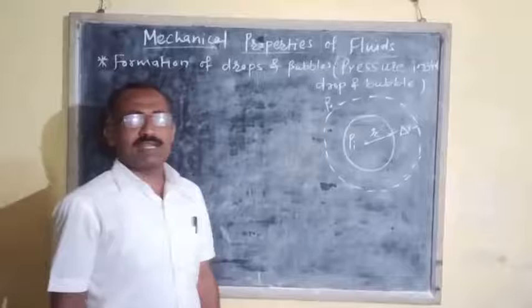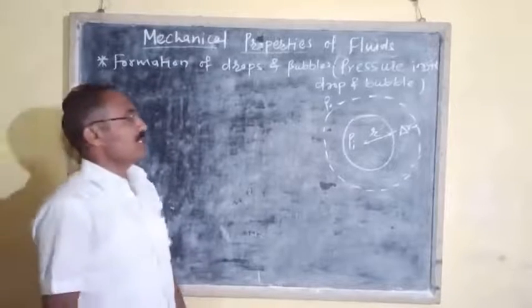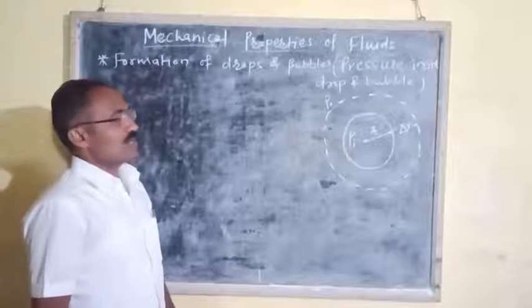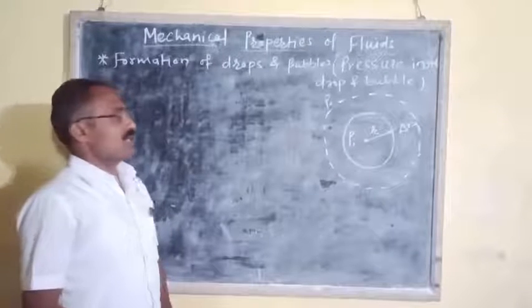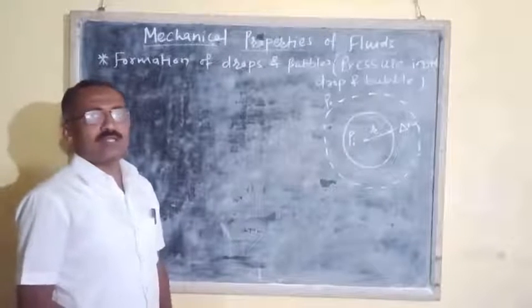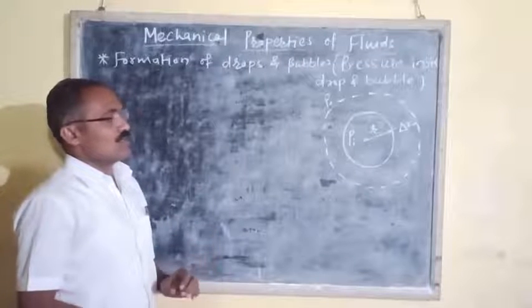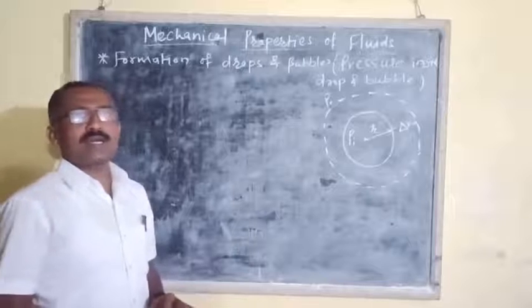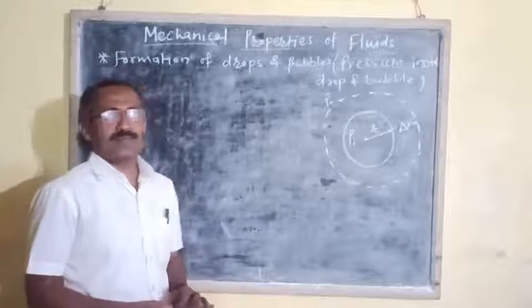We know that a liquid drop or bubble is spherical in shape because the force due to surface tension dominates the gravitational force acting on the drop, and this force due to surface tension tries to minimize the surface area of the drop or bubble.